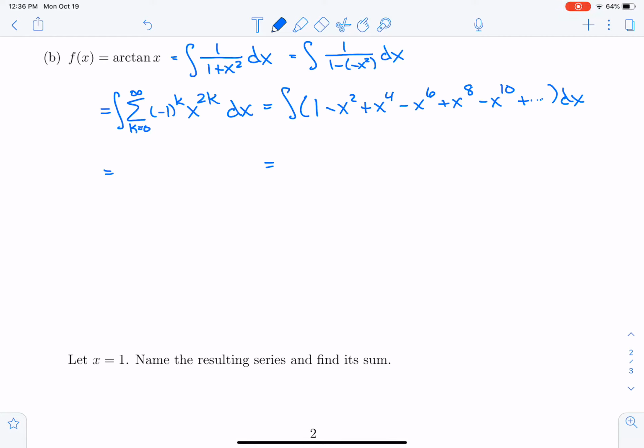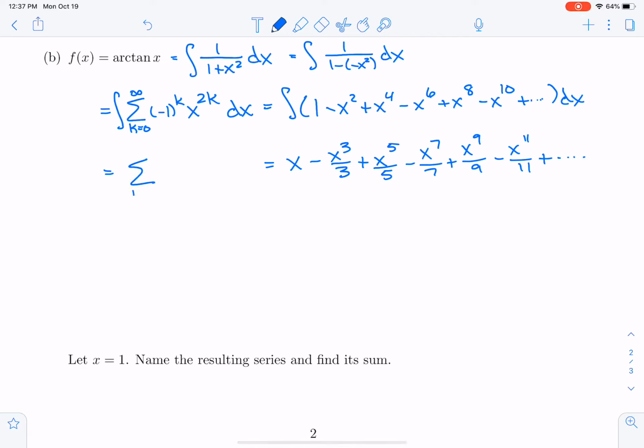So the integral of 1 is x, the antiderivative of x squared is x cubed over 3, plus x to the 5th over 5, minus x to the 7th over 7, plus x to the 9th over 9, minus x to the 11th over 11, etc. So this series looks like the sum from k equals 0 to infinity.